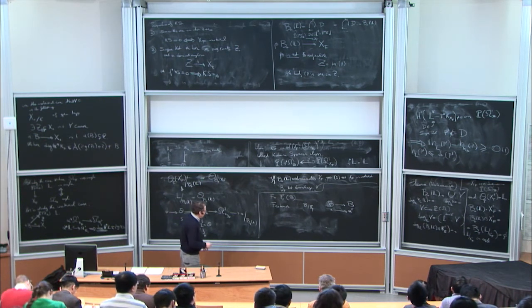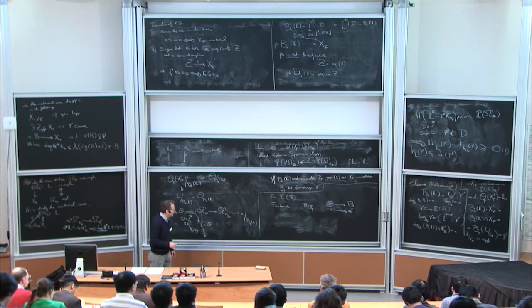And why is Frobenius a little bit delicate?